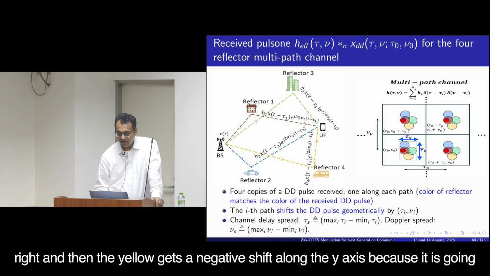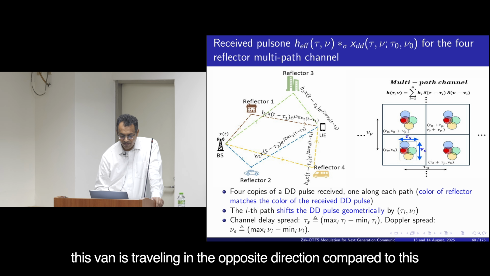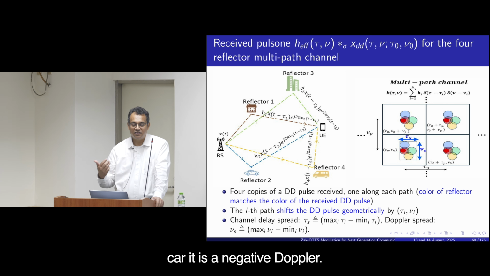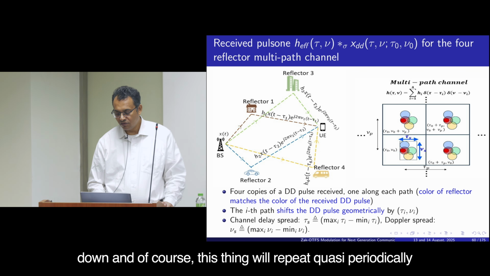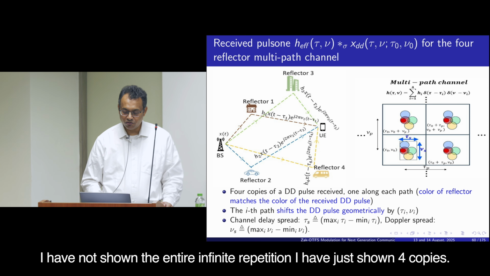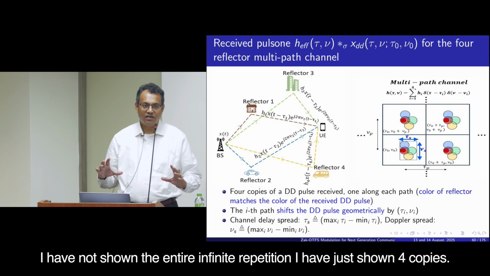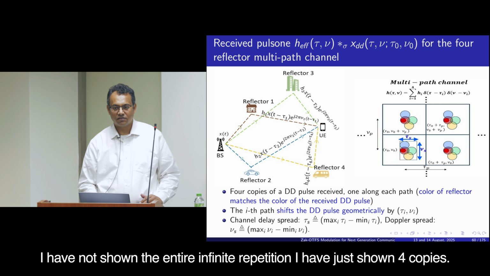And then the yellow gets a negative shift along the y axis because this van is traveling in the opposite direction compared to this car. It's a negative Doppler. Okay? So that yellow comes down. And of course this thing will repeat quasi periodically. I have not shown the entire infinite repetition, I have just shown 4 copies.